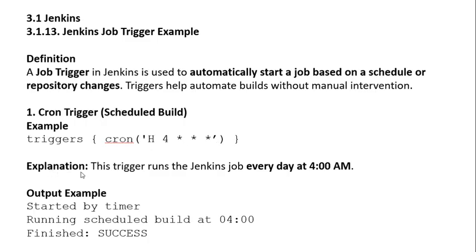The explanation: this trigger runs the Jenkins job every day at 4 a.m. The output is: started by timer, running the scheduled build at 4 hours, and finished with success shown.